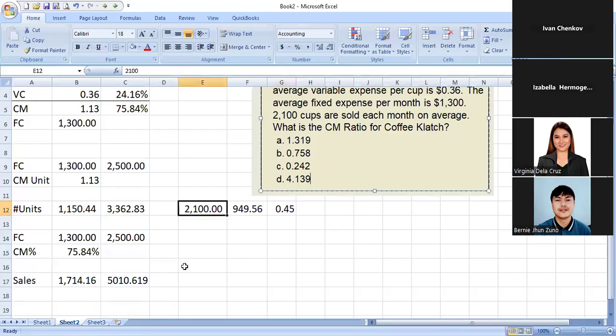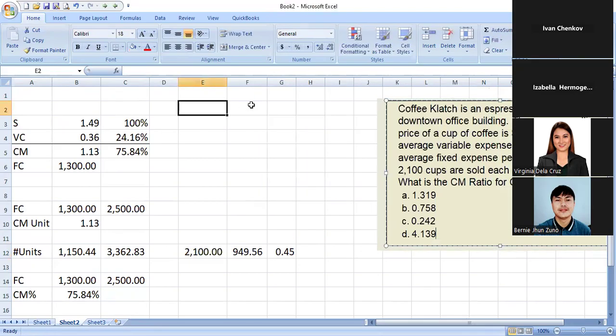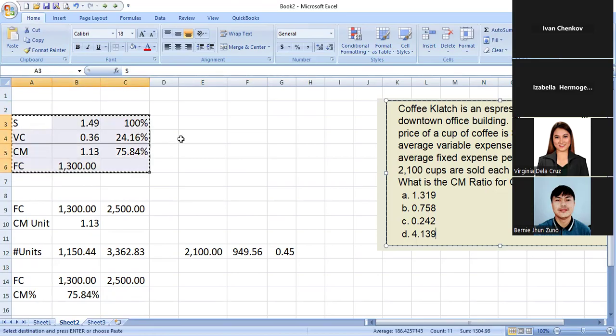Sorry, not the one that I wanted. Let me try again. So currently we're selling 2,100 units, and we have to run some calculation here for the sales price of these things.